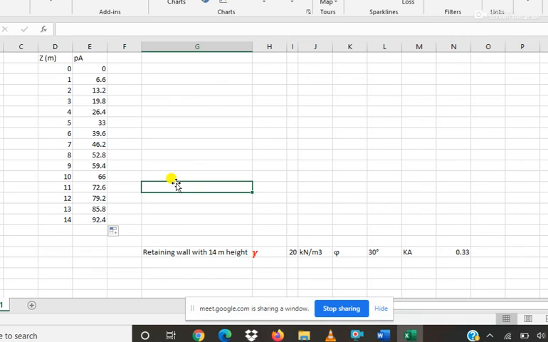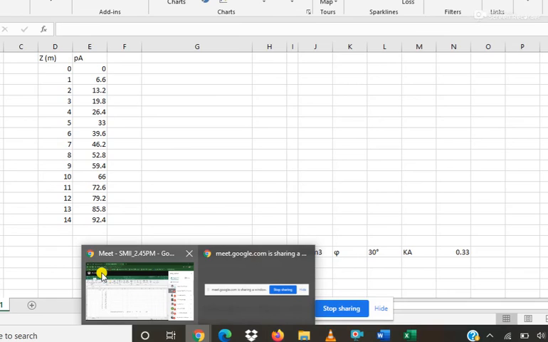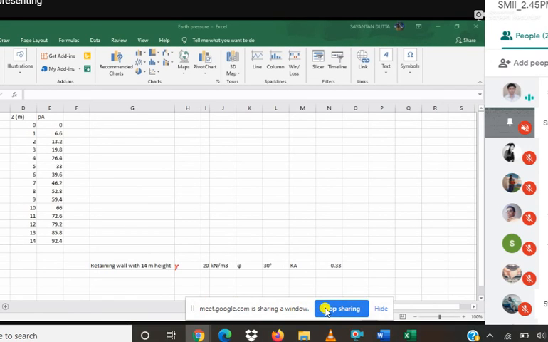These values we will get. Now if you want to draw a graph from these values, then that graph will actually be called the earth pressure diagram.